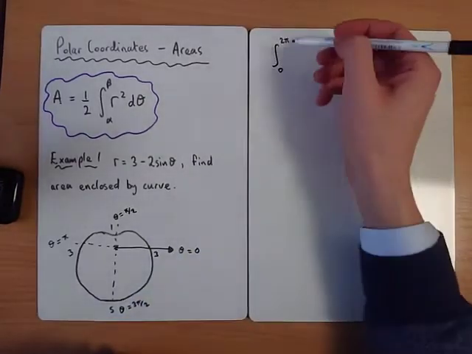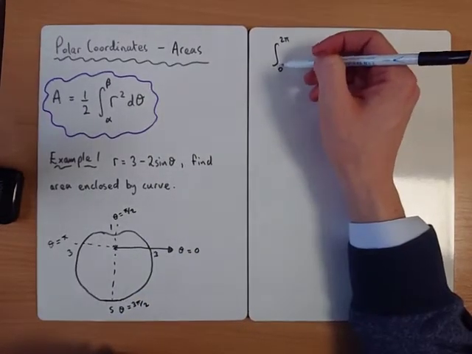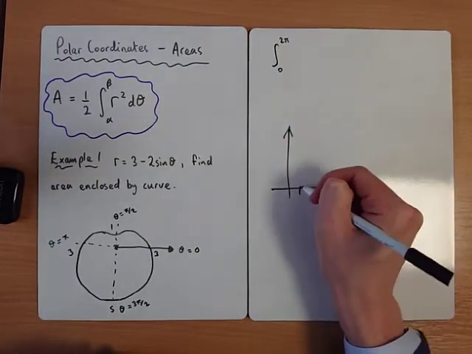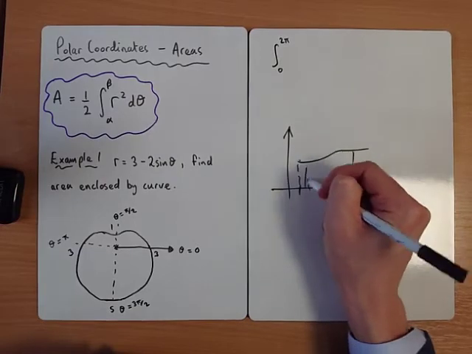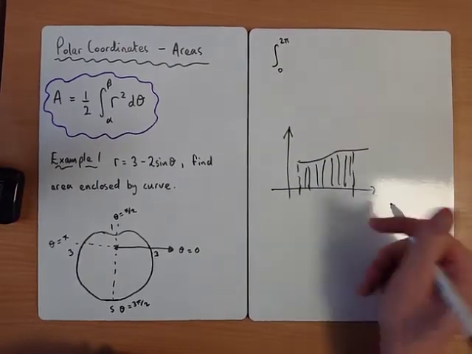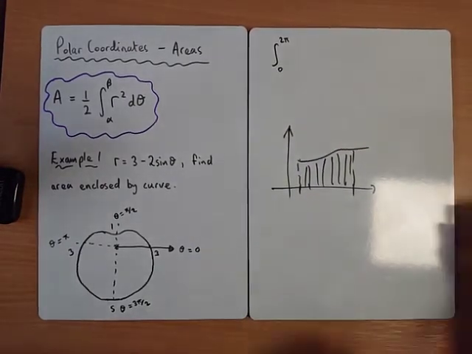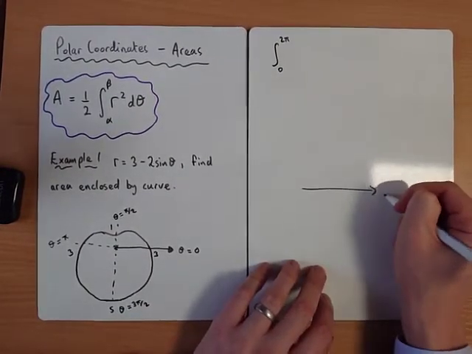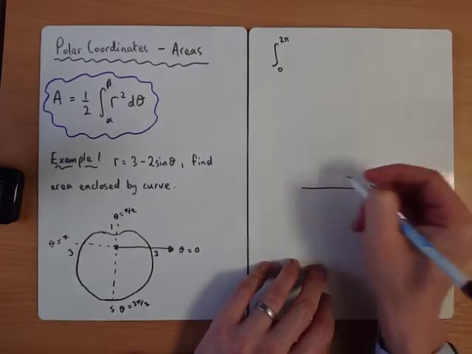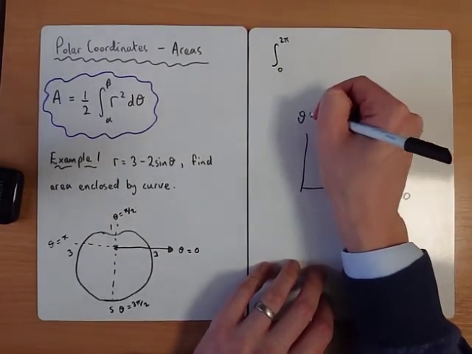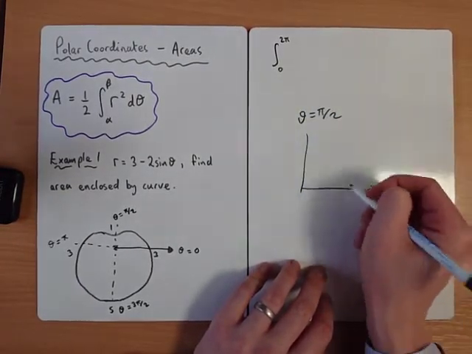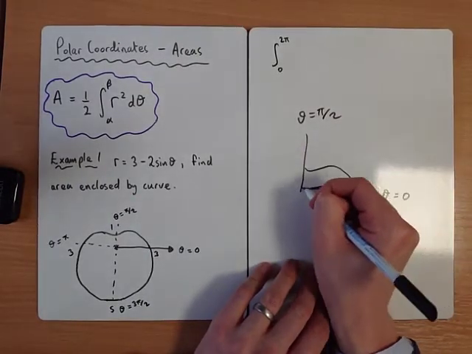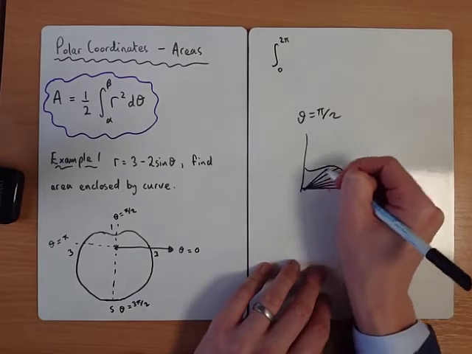One thing I should mention as well when we think about limits for these integrals: normally we think about integral limits as trapping the area this way if they're x limits. In polar, it's different. So what you've got to try and visualize, if I said theta was equal to 0 and theta is equal to pi over 2, is that as theta increases, you trap the area like this by radiating out.